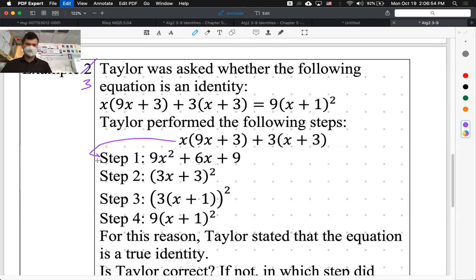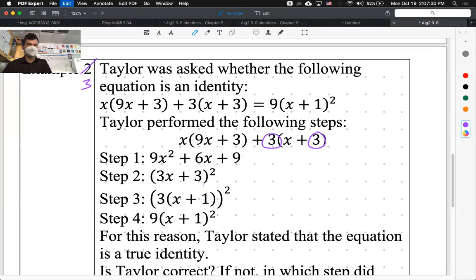Go for it. So first he did... Okay. And then he did x times 3, and then for the second one he did 3 times x, and he added those up, which is 6x. Okay. And then he did the same thing. Oh wait, no. He multiplied the 3 into the other 3 in the second term, which was 9.